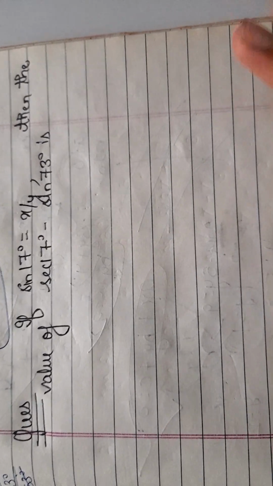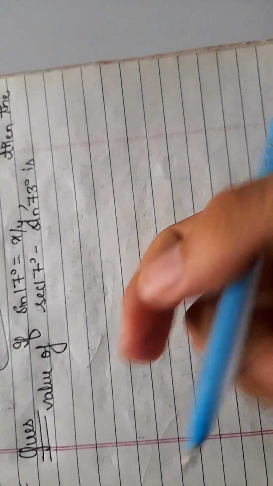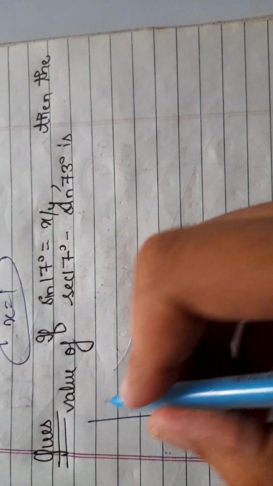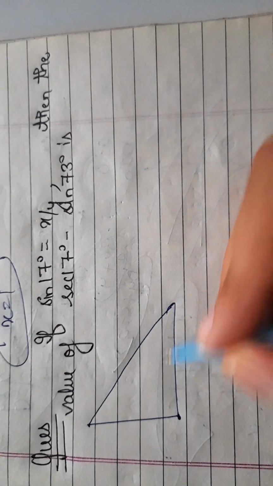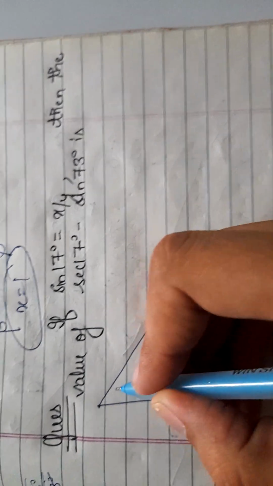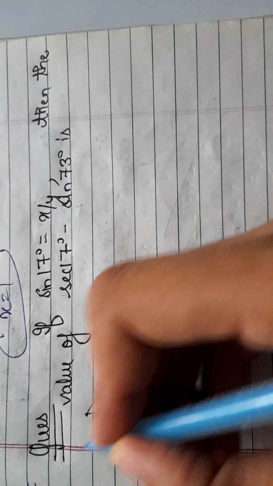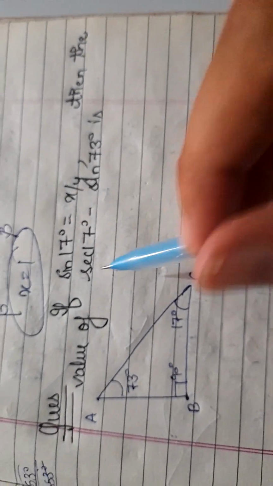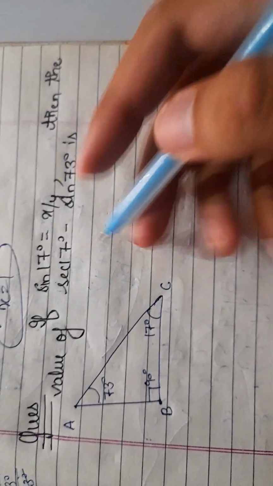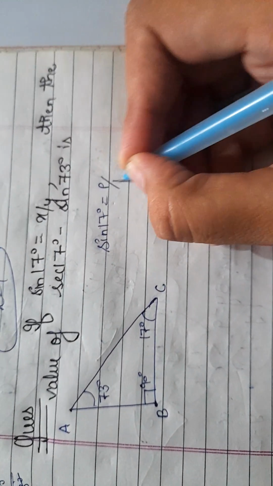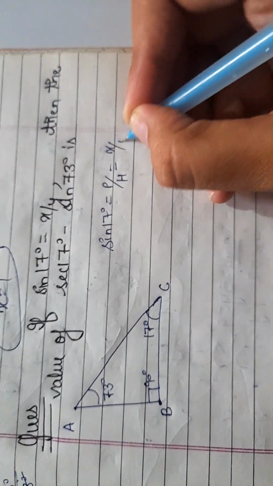Okay, we will solve this. As we know, we solve trigonometric ratios with a right angle triangle. Make a right angle triangle with 90 degrees, A, B, C. We are given sin 17, it is perpendicular upon hypotenuse, x by y.